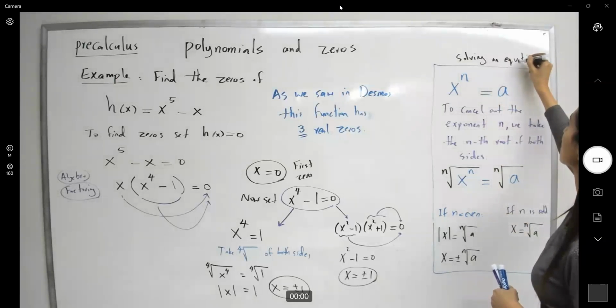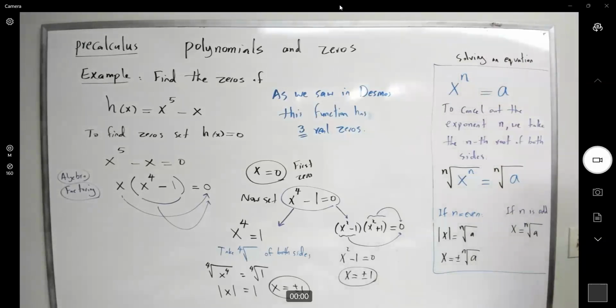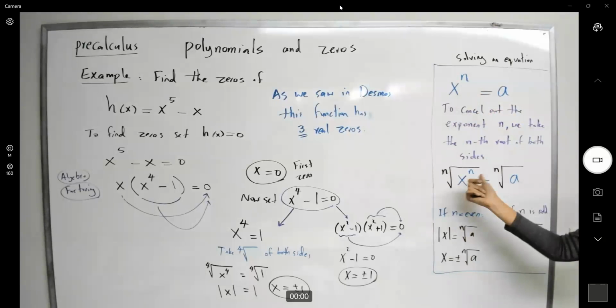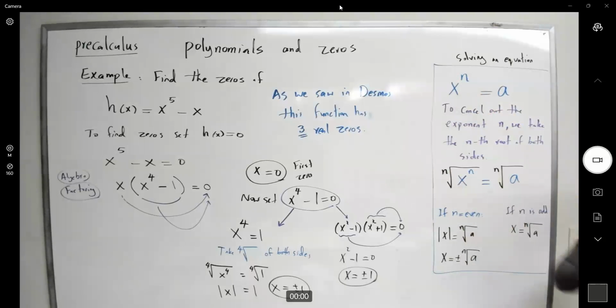We have different classifications when we are solving equations. If you have x to the n equals a number, to get rid of this exponent, you take the nth root of both sides to cancel out n and n, the index and the exponent. They are, in some sense, opposite operations.